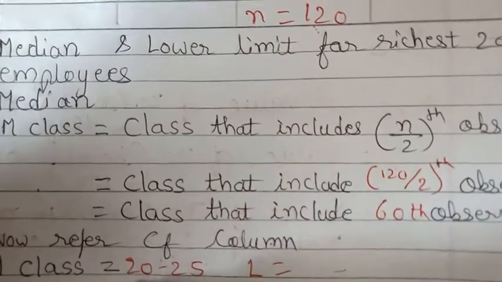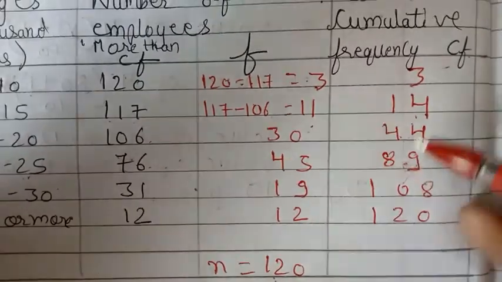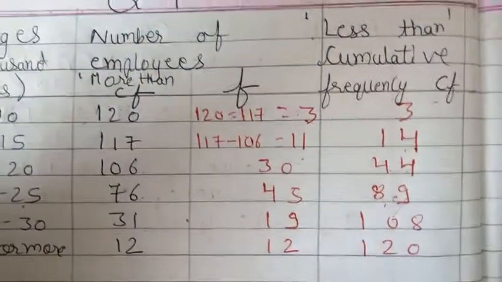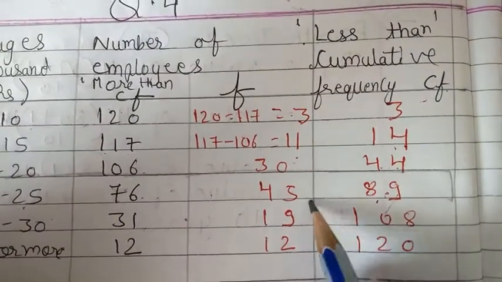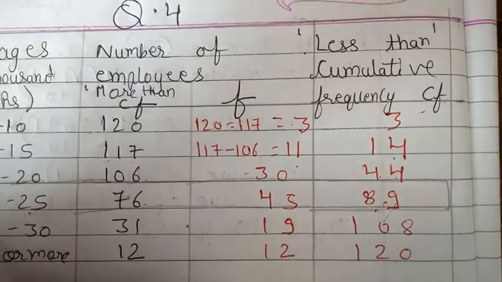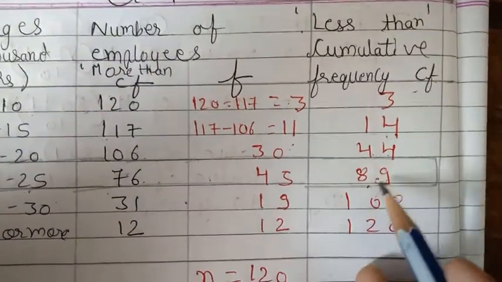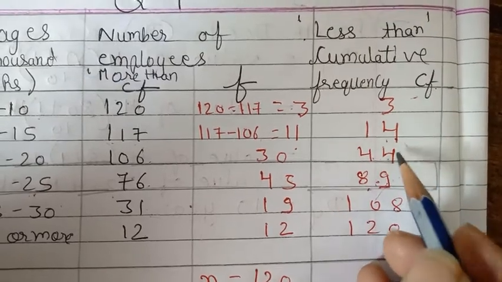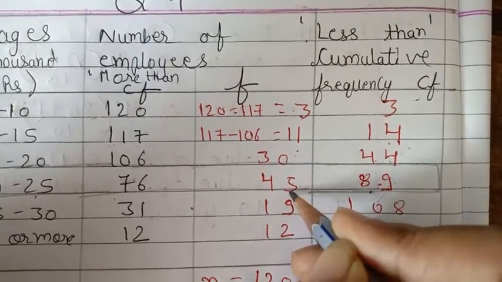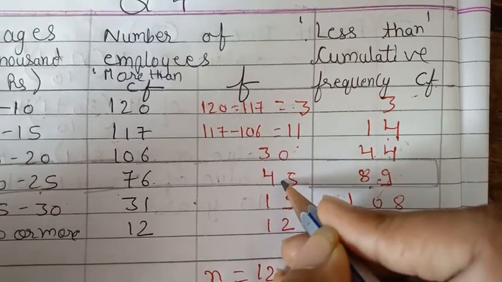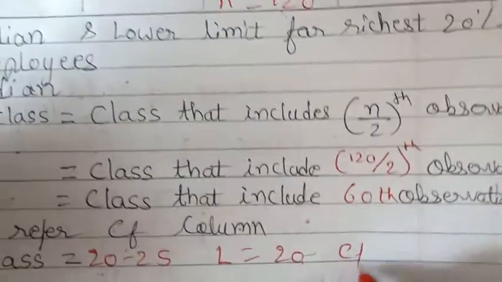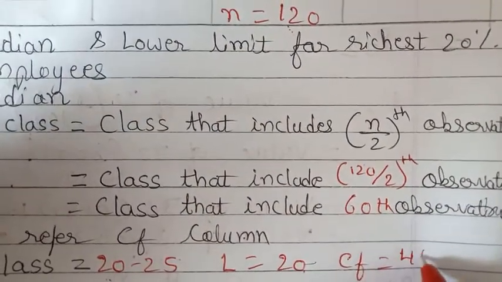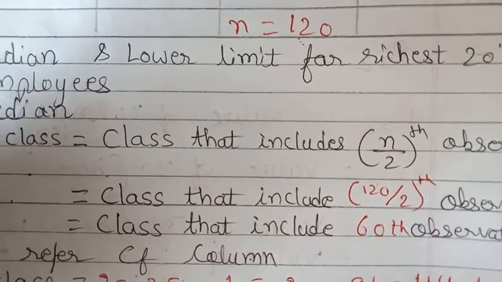Lower boundary point is 20. Now CF, we have to take of the previous class. Now which class have we selected? We have selected this one. Now CF we have to take of previous class, so CF will be 44, and frequency we have to take of that particular class, so frequency will be 45. So we write down here CF as 44 and frequency is 45.